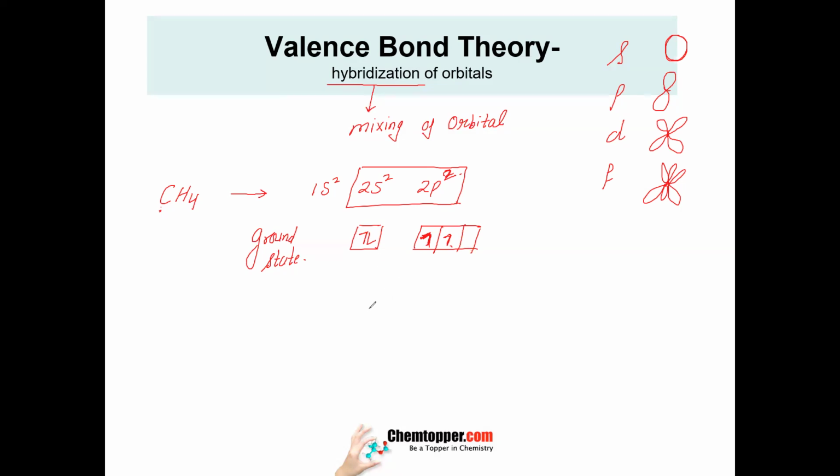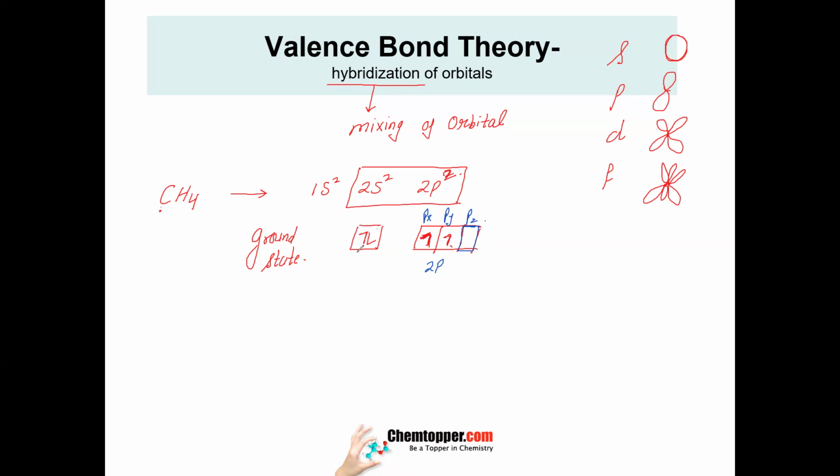So what will happen, Siddharth? So one of the electrons, because there is one empty. See here, this empty. This is 2p, children. Px, py, pz.